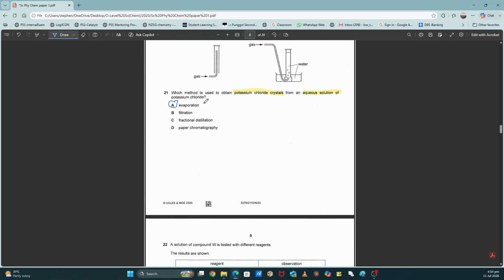Well, you can use crystallization, but it's very slow. And because it's a potassium and sodium salt, the melting point is very high. So evaporation will not decompose the potassium chloride salt, the so-called crystal. So yes, evaporation is the best answer from among these four.